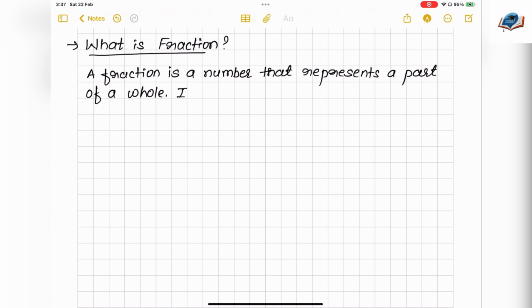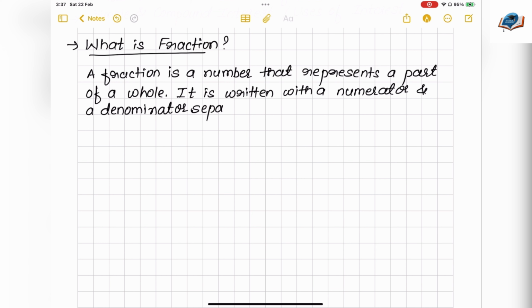And it is written with a numerator and a denominator separated by a slash.